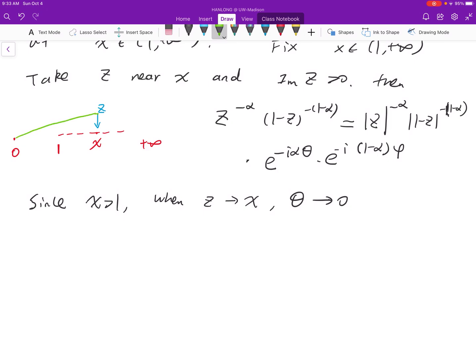Suppose z is here, the angle theta is this one. So when z goes to x, theta goes to 0. And what is the angle phi? Notice that the angle phi is this one.